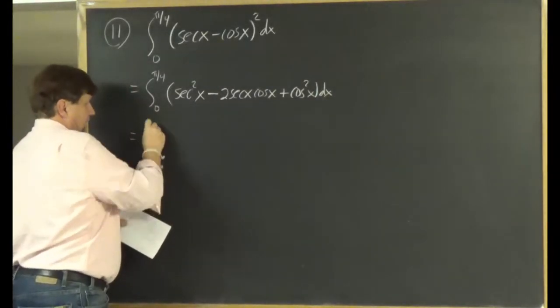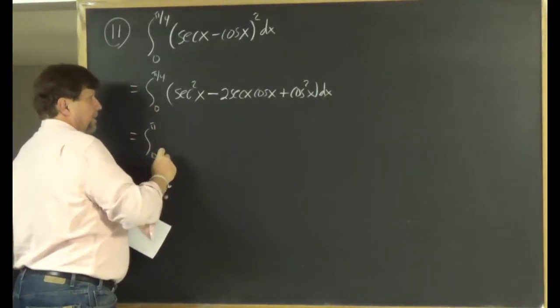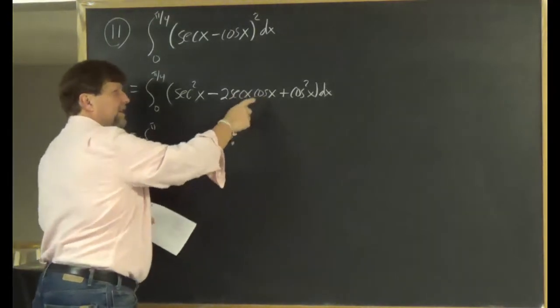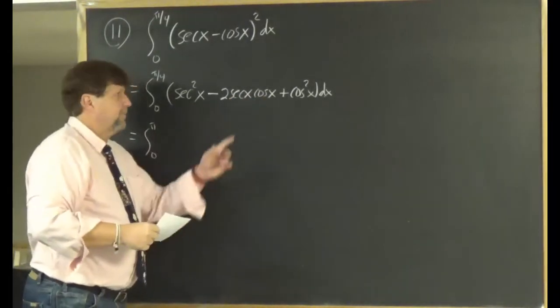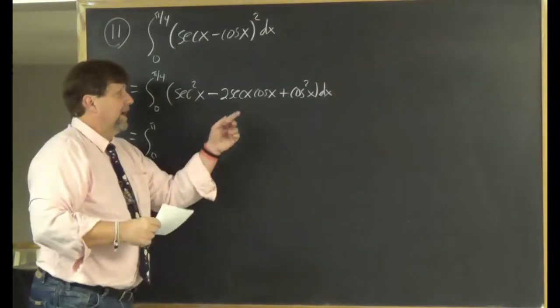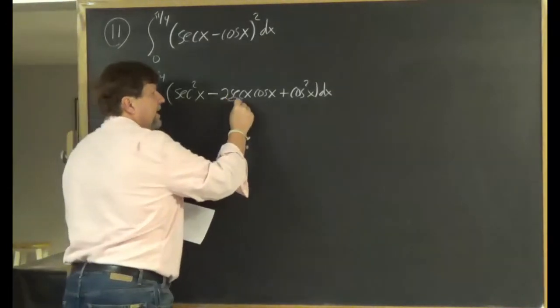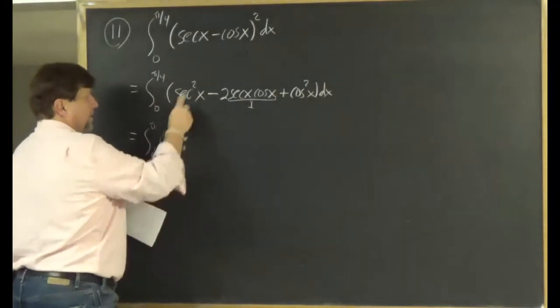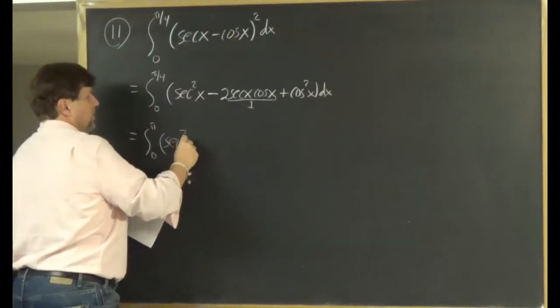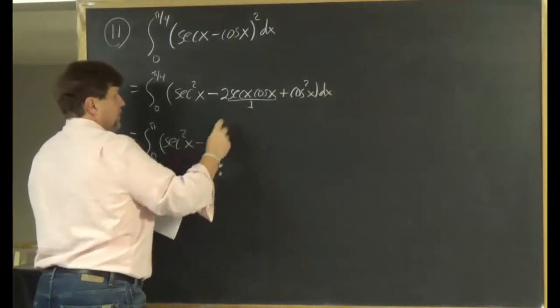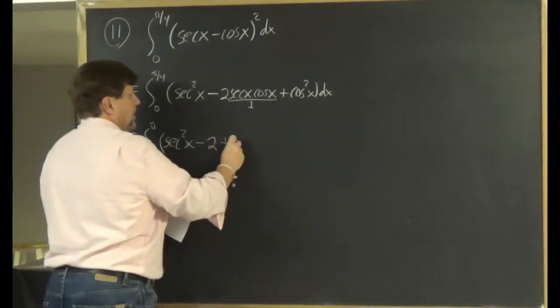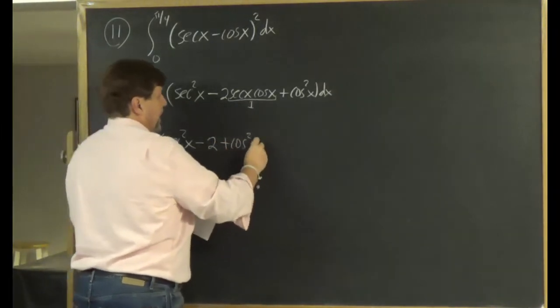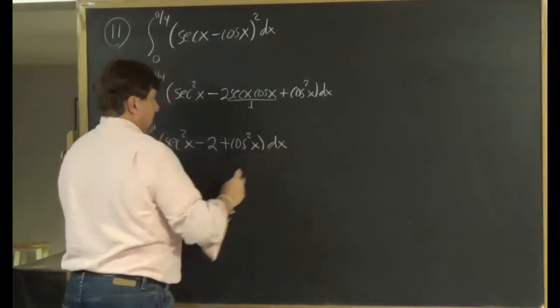Next, since secant is the reciprocal of cosine, secant is 1 over cosine, secant x times cosine x is just 1. So I would rewrite this as secant squared x minus, well, 2 times 1 is 2, plus cosine squared x dx.